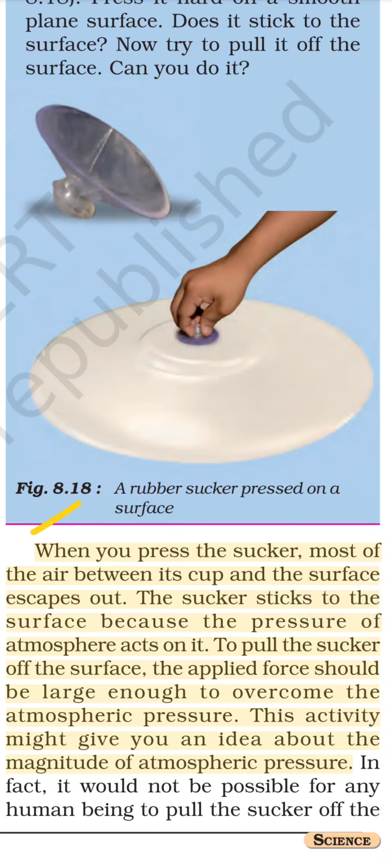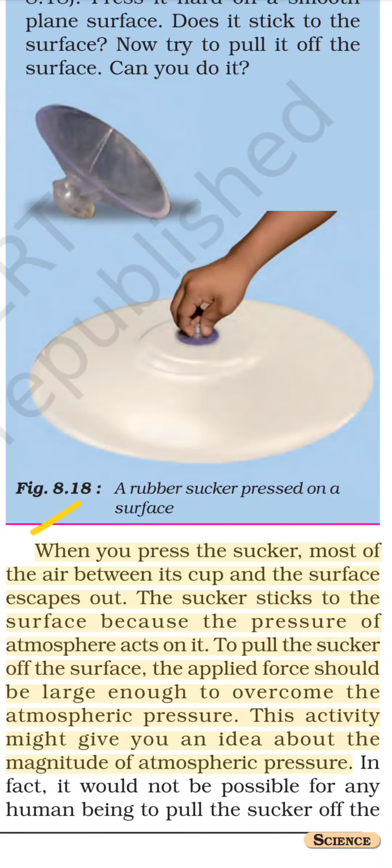When you press the sucker, most of the air between its cup and the surface escapes out. The sucker sticks to the surface because the atmospheric pressure acts on it. To pull the sucker off the surface, the applied force should be large enough to overcome the atmospheric pressure.